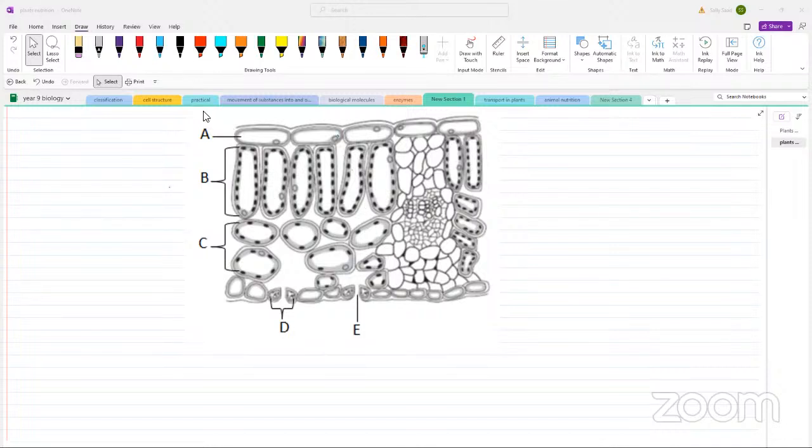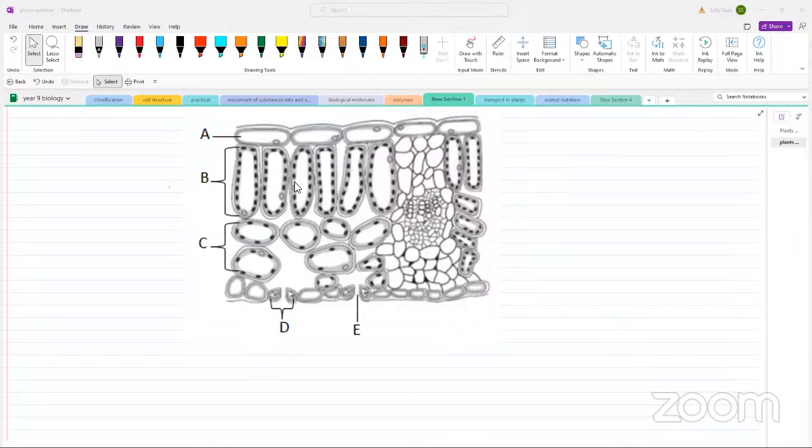Okay, so here Yassine said B, palisade mesophyll cells, and C, spongy mesophyll cells. D, guard cell, correct Fairuz. Okay. Salma also D, guard cell, it's correct. E is stoma or stomata.